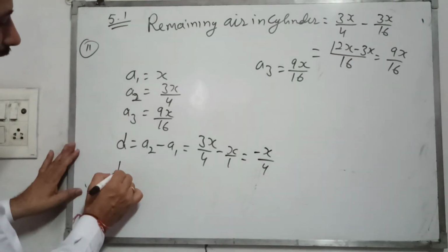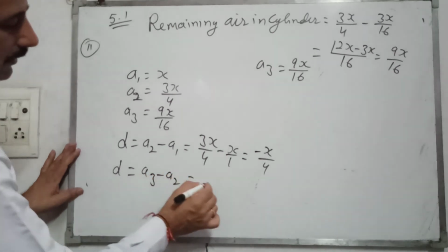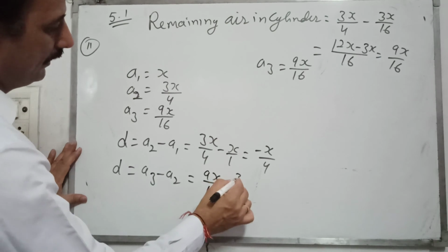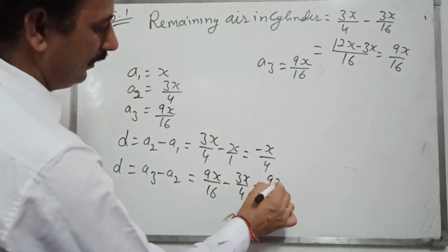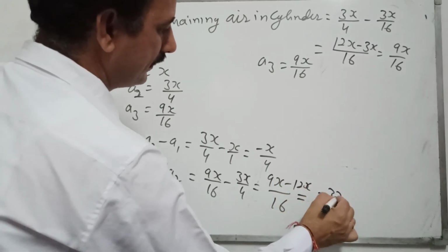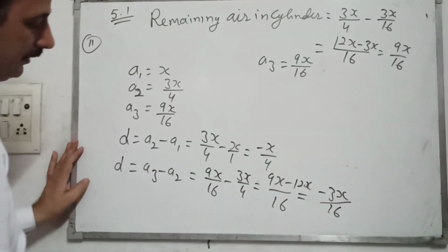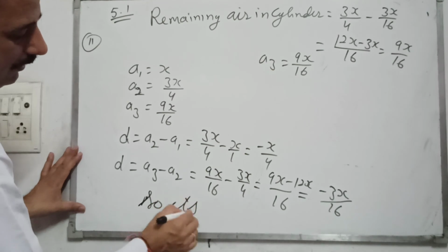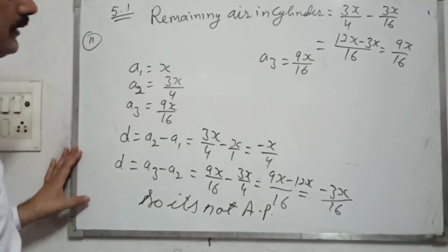Then again A3 minus A2, that is 9X upon 16 minus 3X upon 4. LCM is 16, you get 9X minus 12X, that is minus 3X upon 16. So in both cases D is not the same, so it's not an AP series.